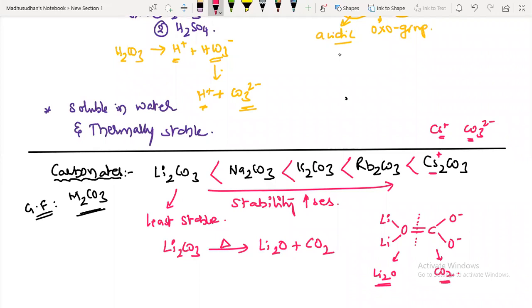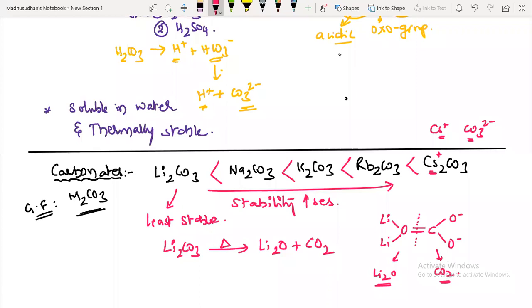Okay, next one. Sir, you wrote Cs2 plus Na, sir. Will that charge be affected to the whole atom, or did you just write it to represent Cs2 plus?